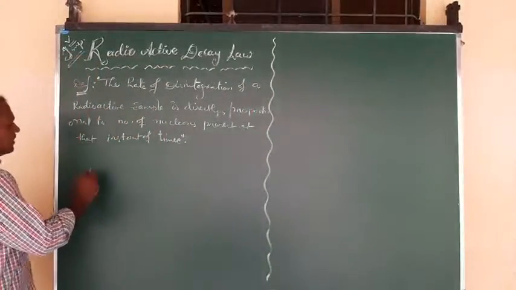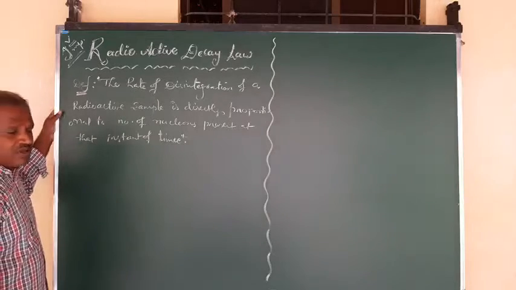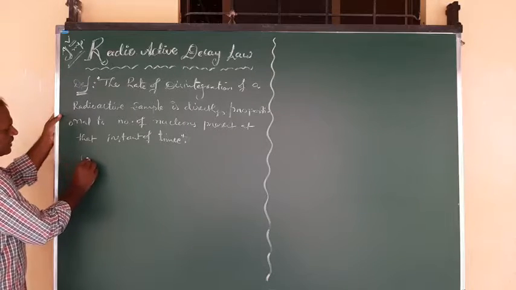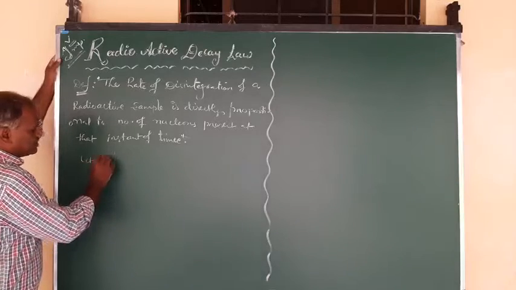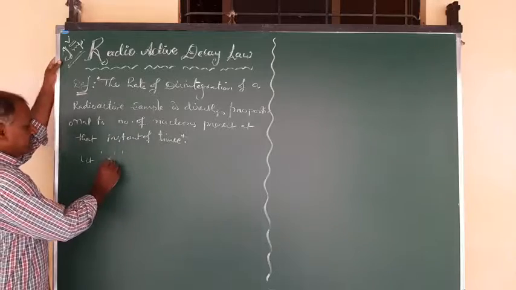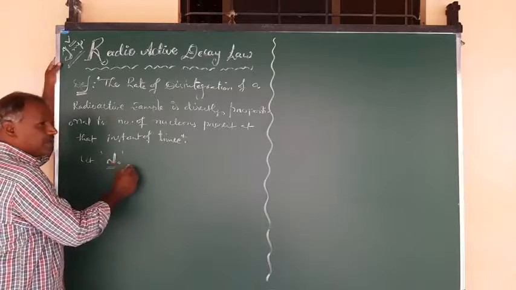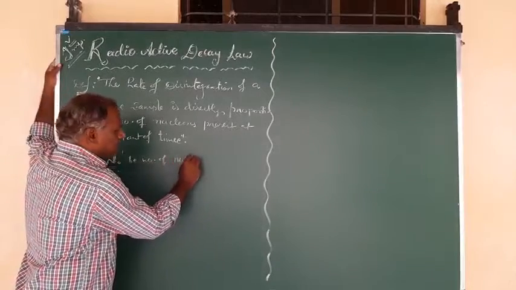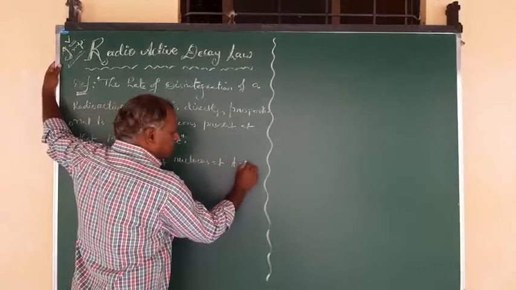So here we observe the derivation for the number of nucleons at any instant of time, right? Let me consider a radioactive sample. Let N naught be the number of nucleons initially, at time t equal to 0.